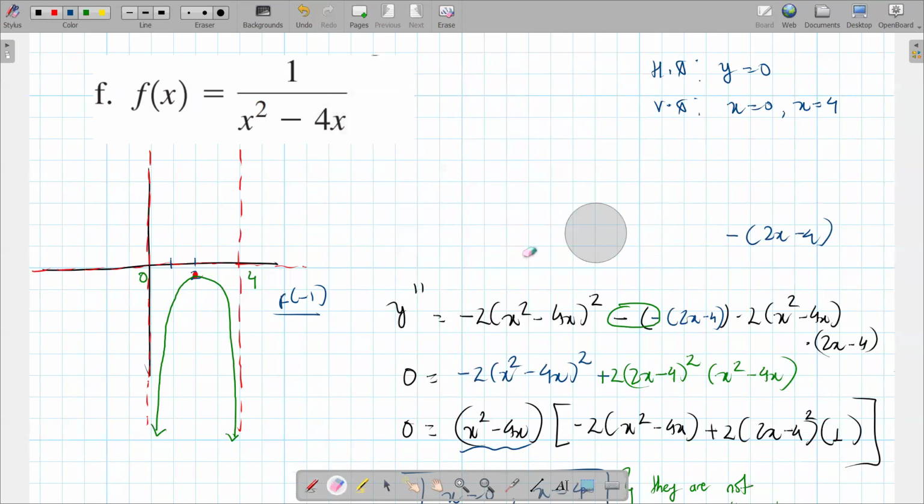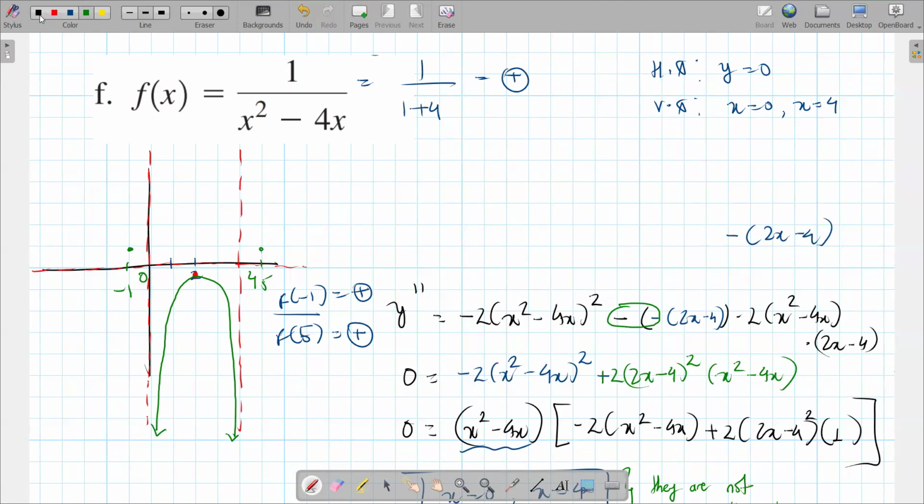So f of -1 is 1 over 1 plus 4. You get a positive number. And f of 5 would be 1 over 25 minus 20. You also get a positive number. What this tells me is at -1 and at 5, I'm up here.